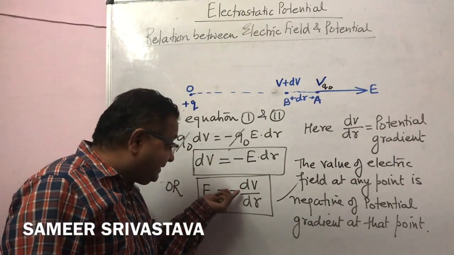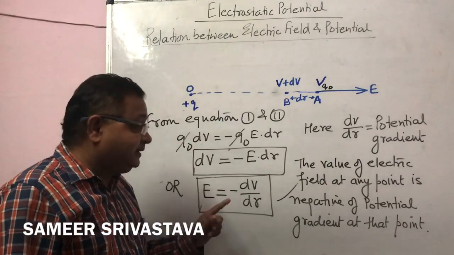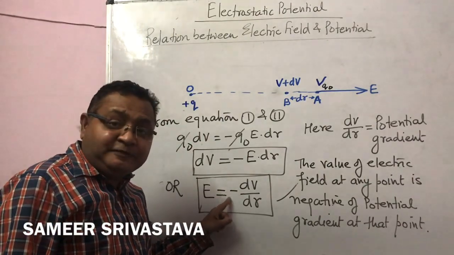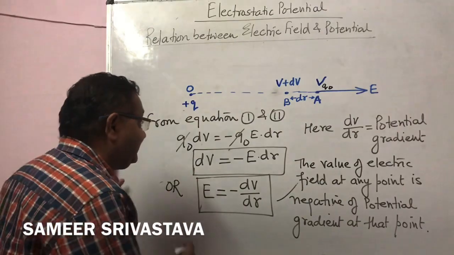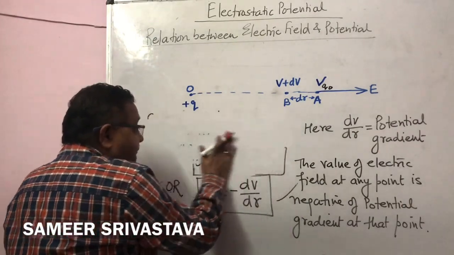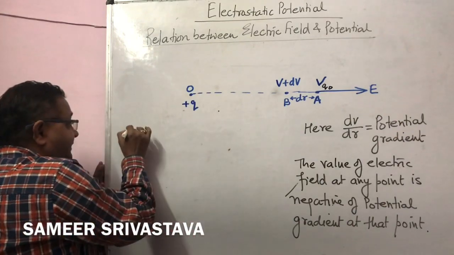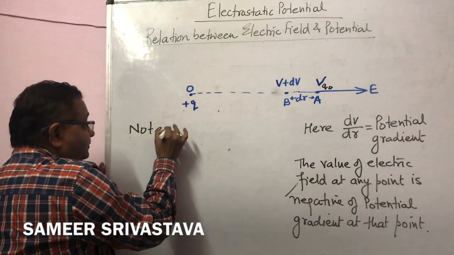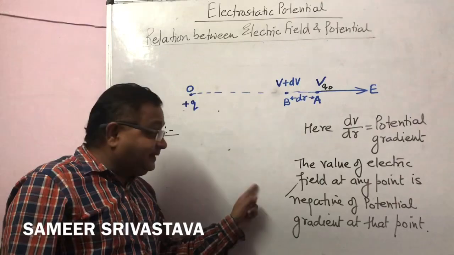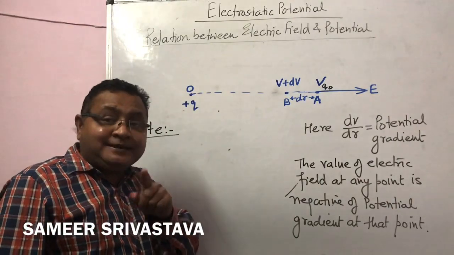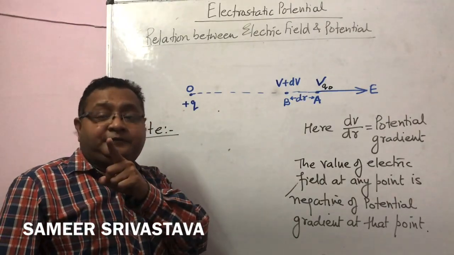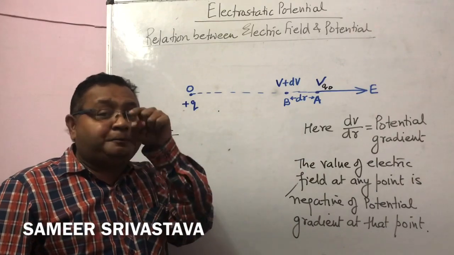Now what is the significance of this negative sign here? This is a very important point, so I am taking it as a note. The negative sign shows the direction of electric field is in the direction of decreasing potential.